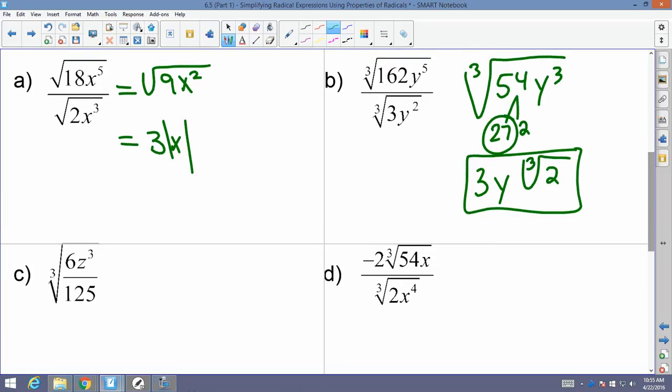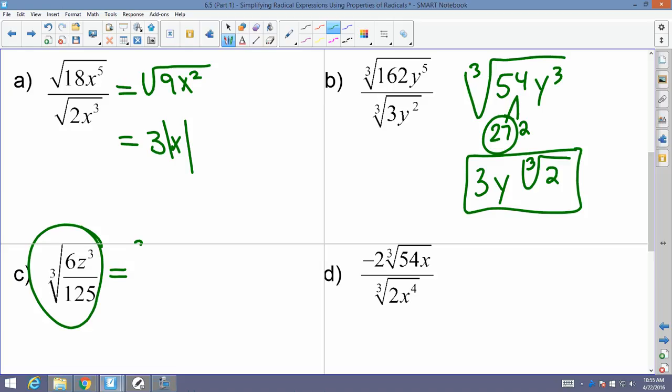Okay, this is a good one. Here, I can't divide, guys. Nothing goes into both 6 and 125. So what happens? Remember that in this case, it's one big fat unified one, right? But can't I legally produce two different radicals?